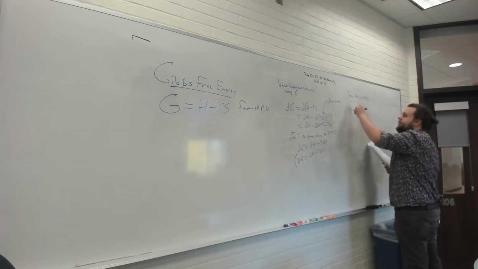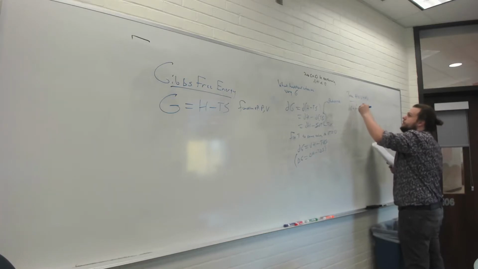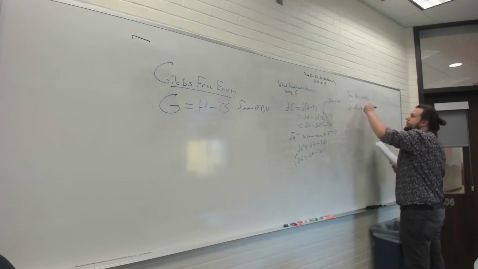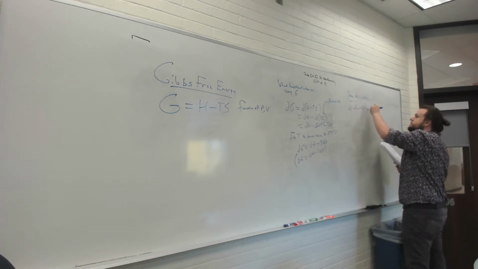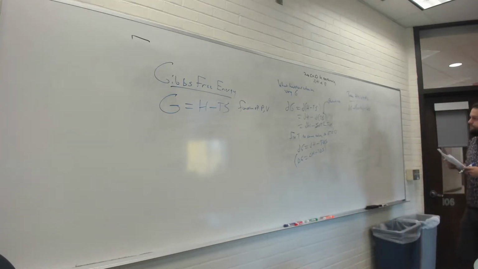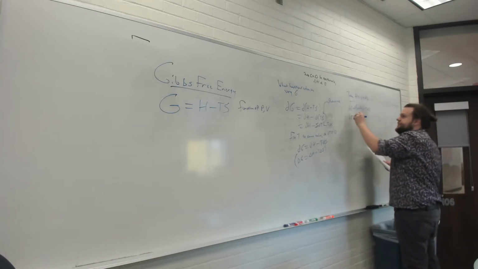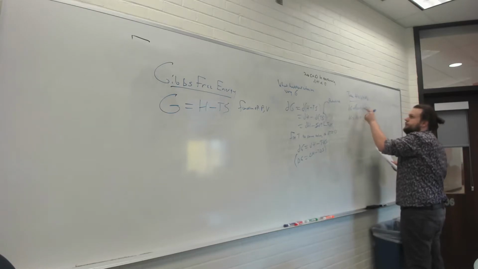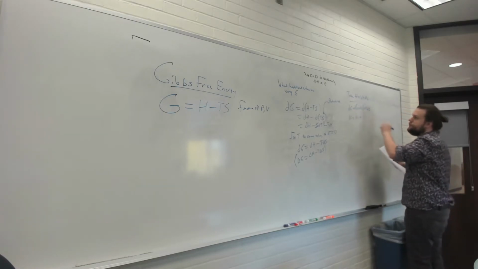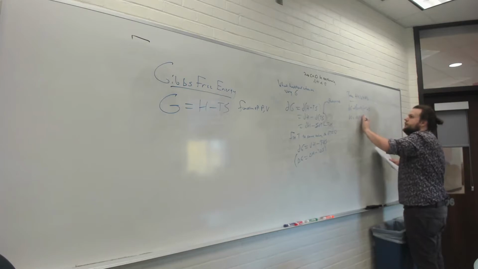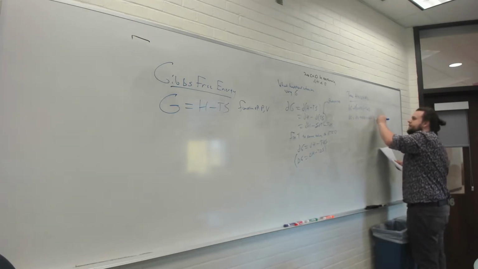So we have dG is equal to the derivative of U plus PV minus T dS. So dG is equal to dU, and we have to do the product rule for pressure and volume, so that's P dV plus V dP minus T dS.